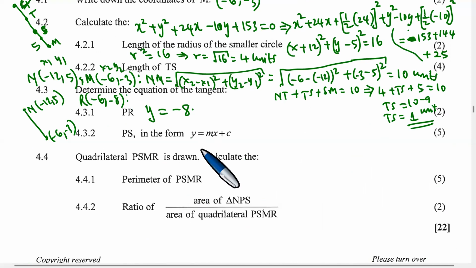So you can find the gradient: y2 minus y1 over x2 minus x1. y2 is minus 3.